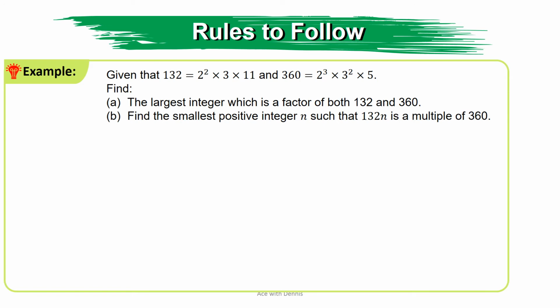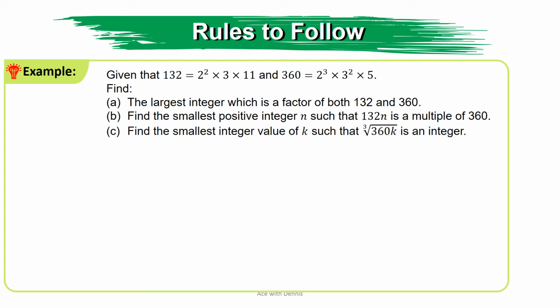B, find the smallest positive integer n such that 132n is a multiple of 360. C, find the smallest integer value of k such that cube root of 360k is an integer.